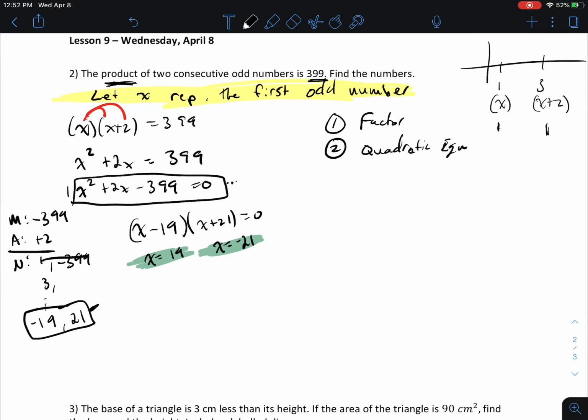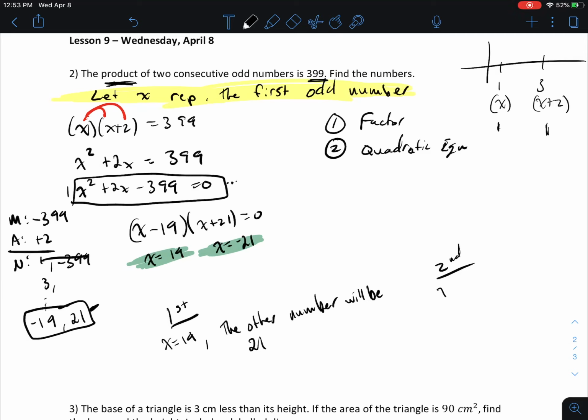So let's say the first solution where x is equal to 19, then the other number will be 21, right?